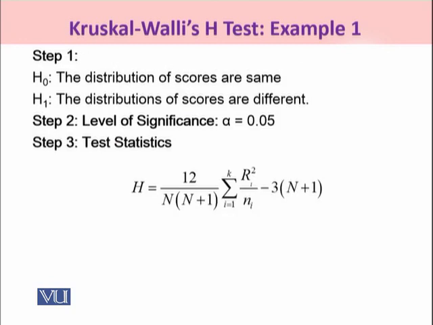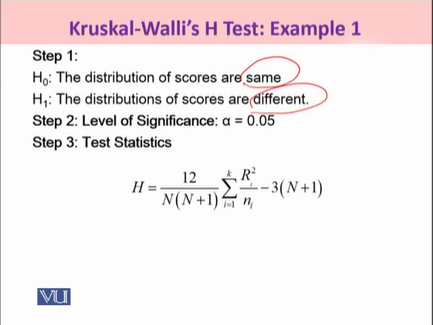So we would be starting with the procedure of testing our hypothesis of interest using the Kruskal Wallis H test. So students, the first step we need to follow is the pair of hypotheses. Under H0, we have taken the statement that the distribution of scores, the achievement scores, are identical, whereas under the alternative hypothesis, we'll consider that distributions of scores are different from each other.